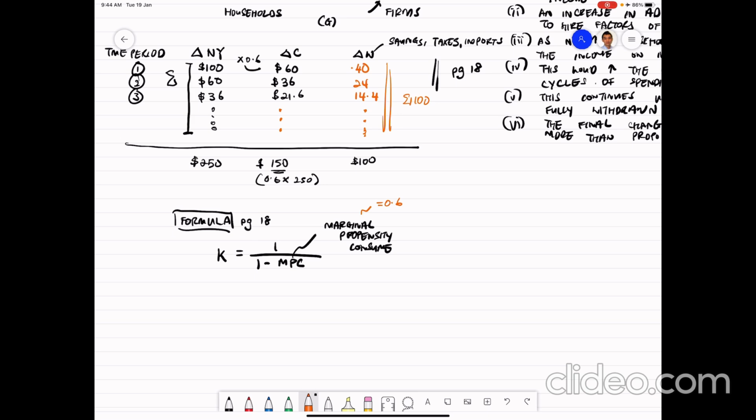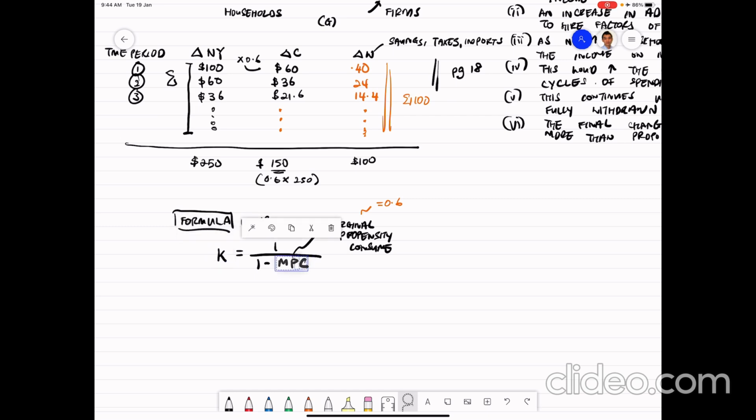Okay, so let's look a little bit at this formula. Firstly, it makes sense, because the larger the MPC is, the smaller the denominator is. The smaller the denominator is, the larger the reciprocal. Let's do that again.